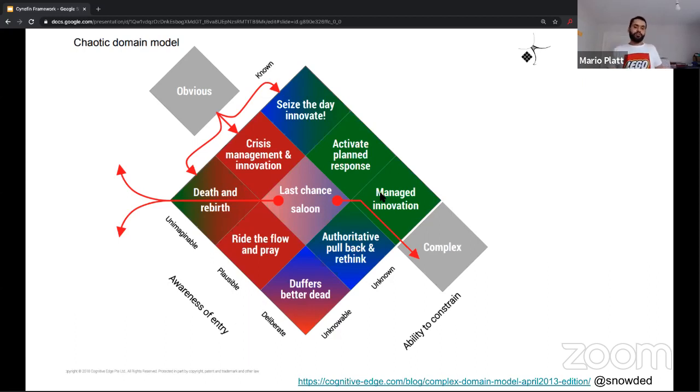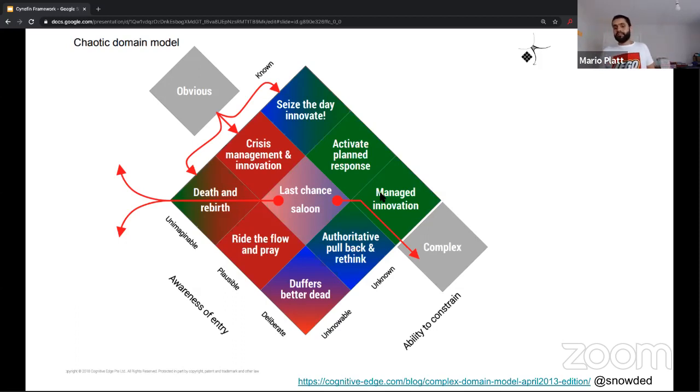So Last Chance Saloon is where I found myself a number of times, and I'm sure a lot of you have as well. This is where we had a plan on how to deal with the situation, but we are not getting the results we would expect from our planned responses. So this is where we need to get control very fast, or we're going to be in a lot of trouble soon.